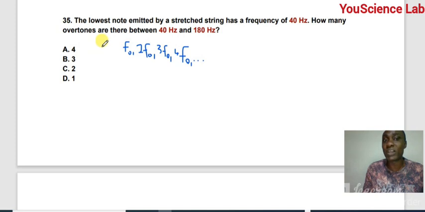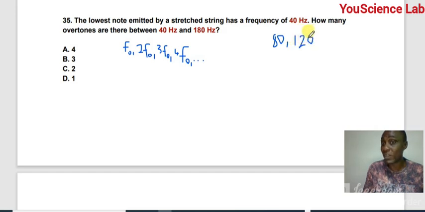So we ask how many overtones can we get between 40 and 180. So we have 40. If I multiply 40 by 2, the next harmonic is going to be 80, which is going to be the first overtone. Then the next harmonic is going to be 80 plus 40, that's 120, which is going to be the what?